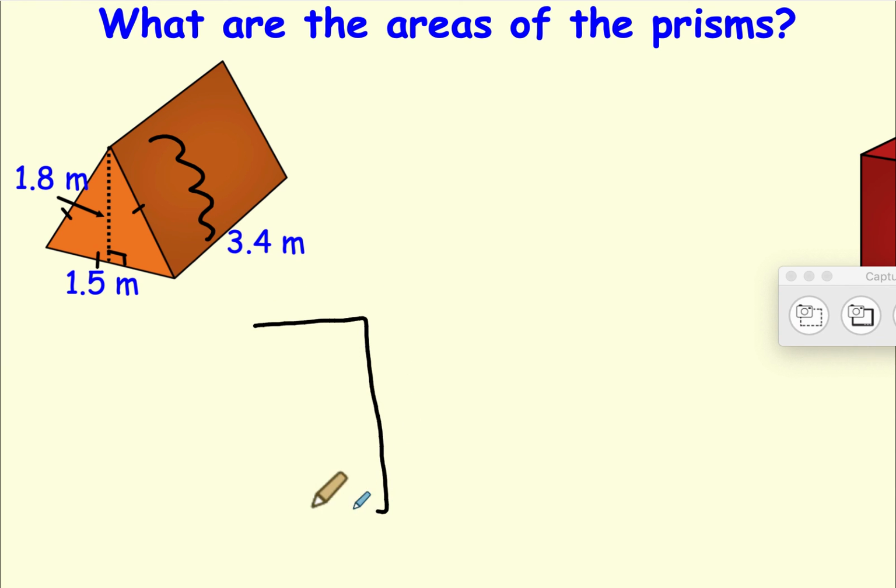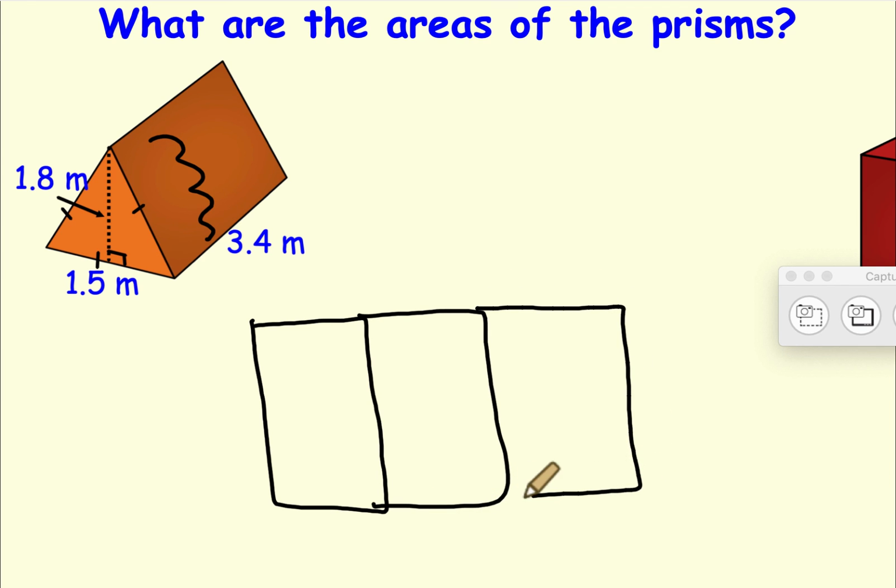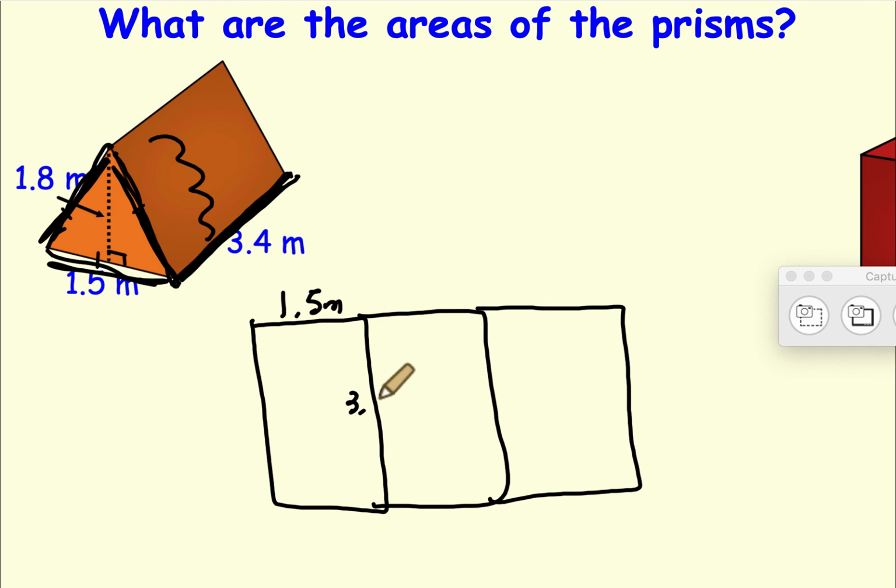So let's draw 3 rectangles. And they're all the same size because this measures 1.5 meters and this measures 3 4/10 meters. This is the same and this is the same. So they're all 1.5 meters by 3 4/10 meters.